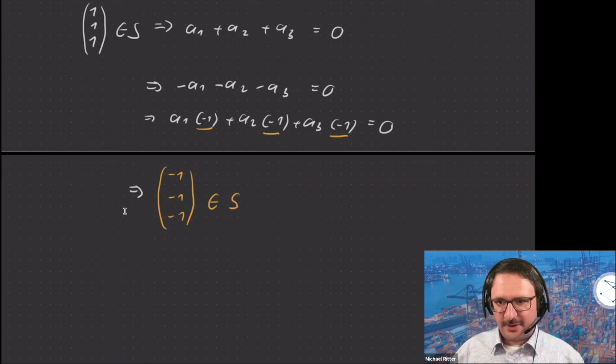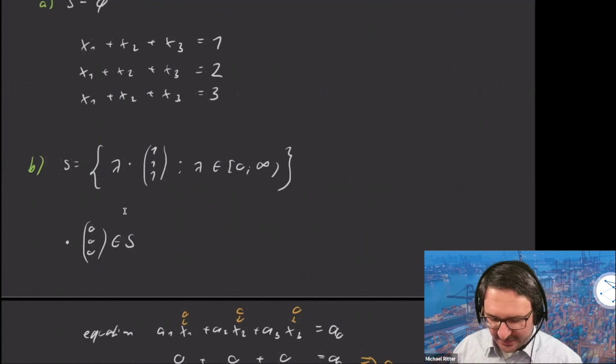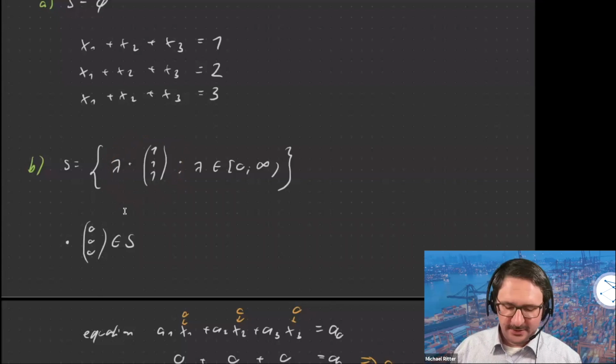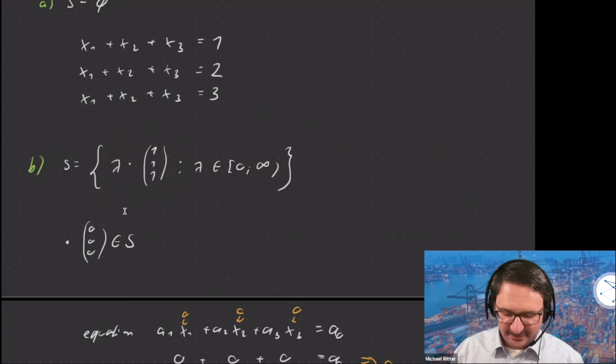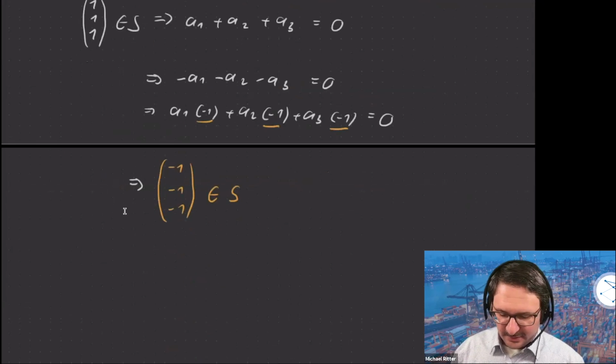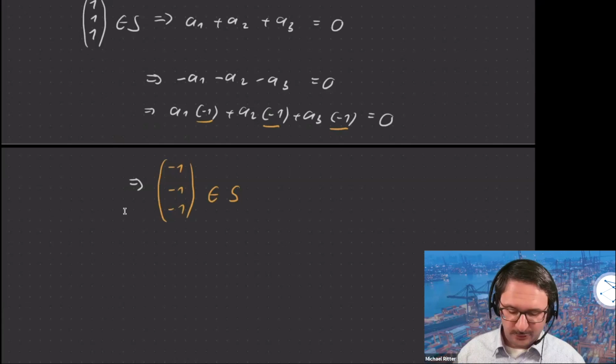But if you look at the solution space again, you'll notice that our S is all non-negative multiples of 1, 1, 1. So the vector -1, -1, -1 is not even contained in that space. But here it says, well, if it contains 1, 1, 1, it also must contain -1, -1, -1.